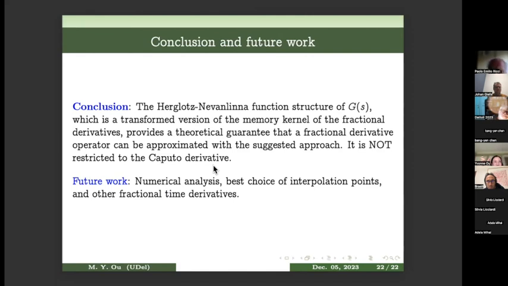So this kernel, no matter what it looks like, has to be a causal function. If it's a causal function, then its transform has to be a Herglotz-Nevanlinna function. Then from there, you do the change of variable. Even though I show you the result for Caputo, I believe it can be applied to other time fractional derivatives. And thank you for your attention.